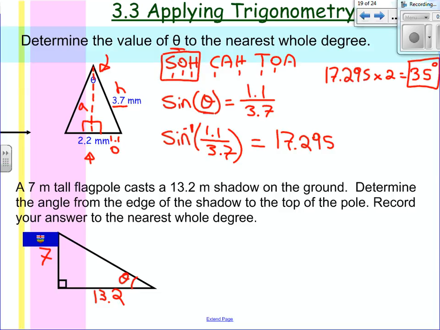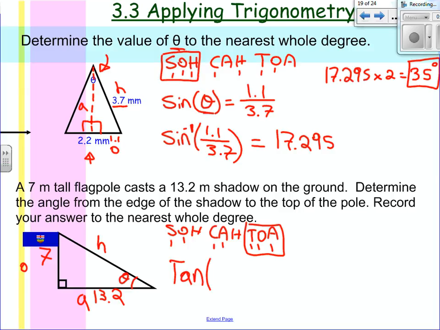Again, you're going to use SOH CAH TOA. You already know 2 side lengths, so you just have to label your sides and write out SOH CAH TOA. Check off the things that you know, which are our opposite and our adjacent side, and you'll find that TOA is what you need to use. So tan theta equals opposite 7 divided by adjacent 13.2.